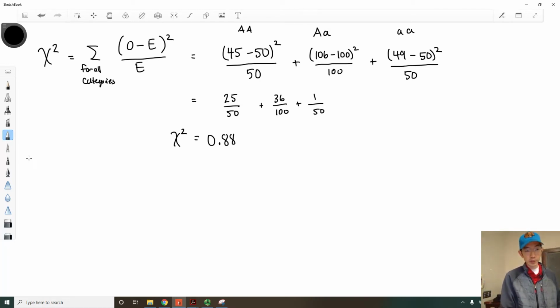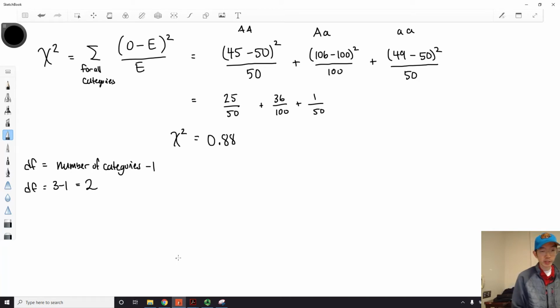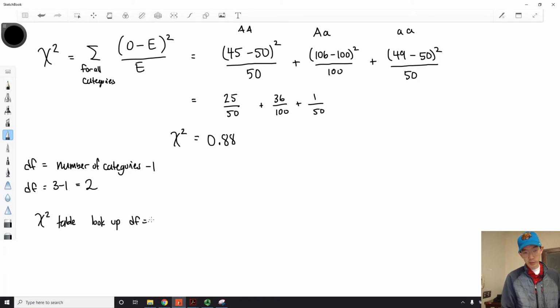The degrees of freedom here is going to be equal to the number of categories minus 1. So here my degrees of freedom is 3 minus 1. I have 2 degrees of freedom, and I will go to my chi-squared table and look up df equal to 2, chi-squared equal to 0.88.